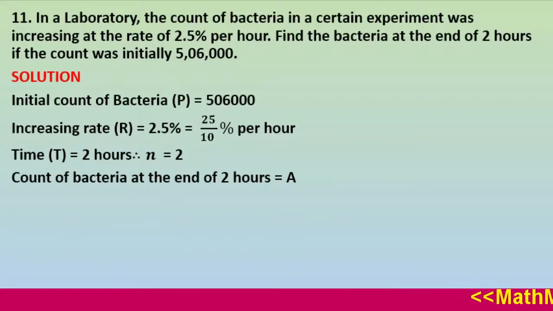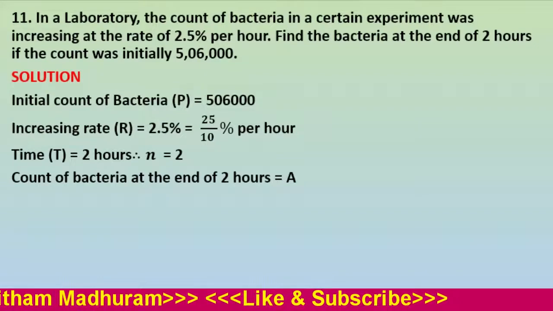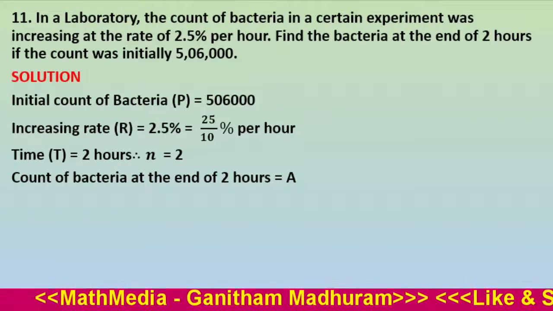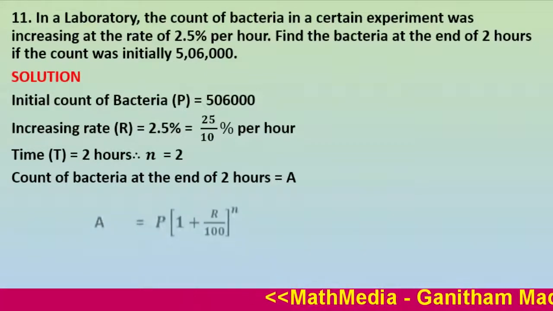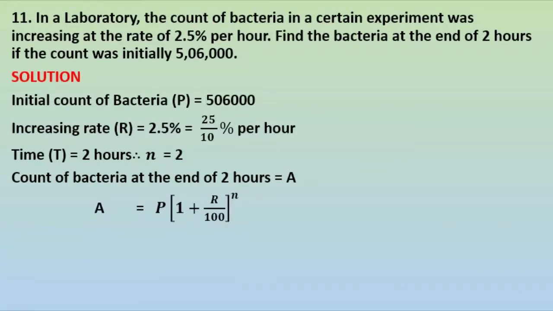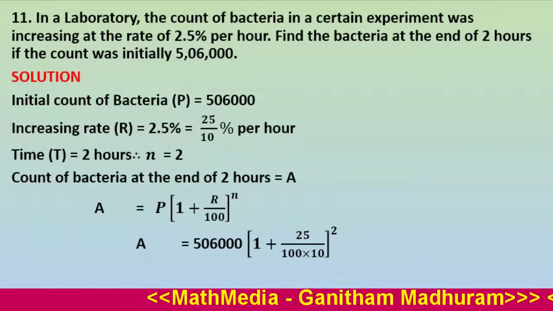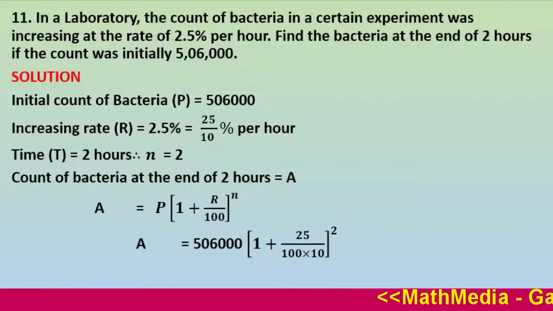The count of bacteria at the end of 2 hours, that we are taking as the amount. So our formula is A equal to P into 1 plus R upon 100 whole raised to n. Substitute the values over here, we get 5,06,000 into 1 plus 25 upon 100 into 10, whole squared.